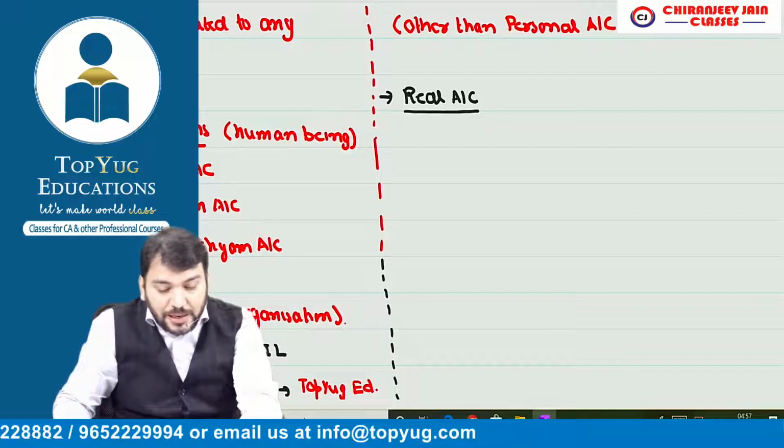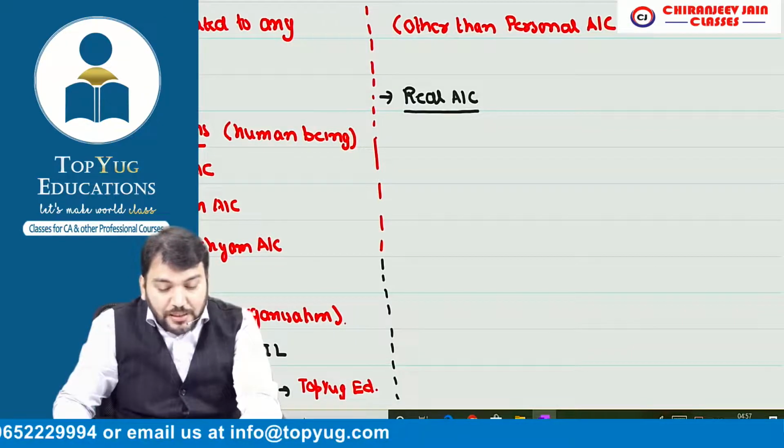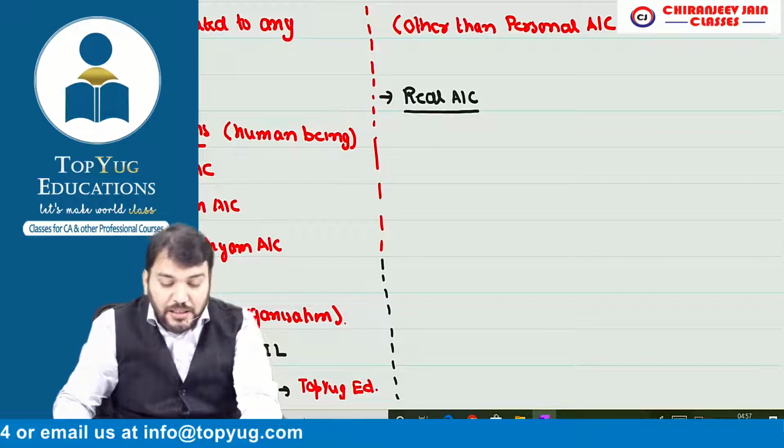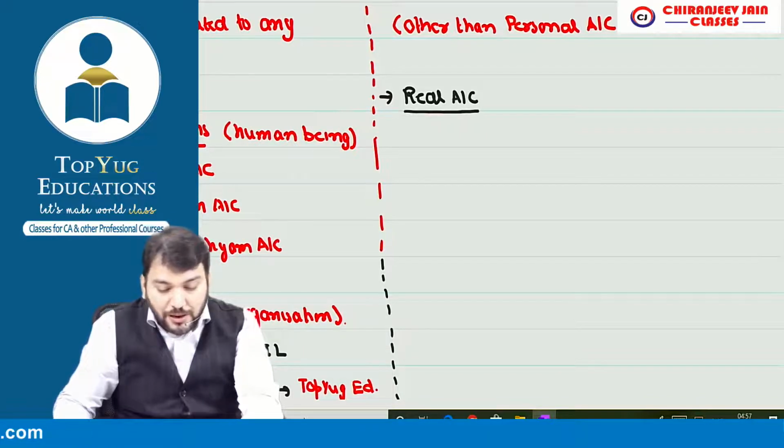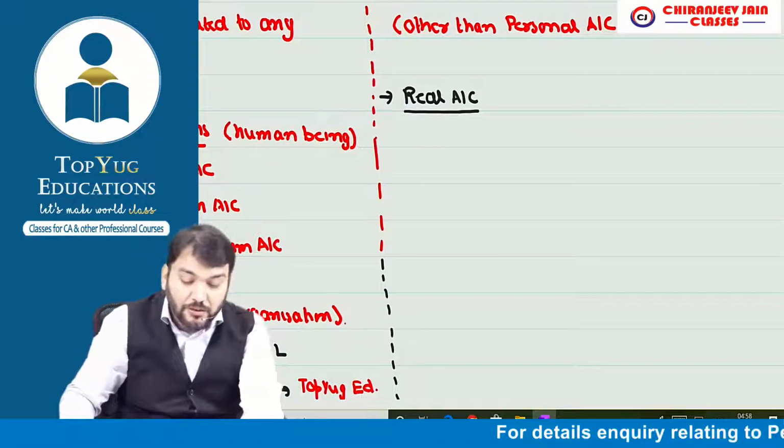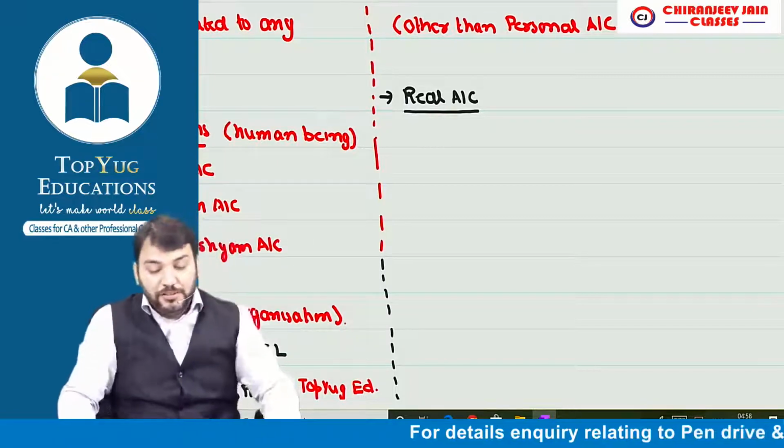Asset account. Real account means everything that we can see. But you see many things, so then everything would be real. Accounts related to properties and assets which are owned by the business are real accounts. Dangerous.